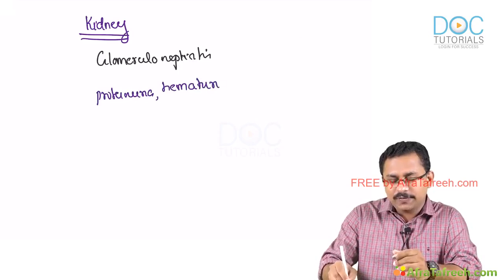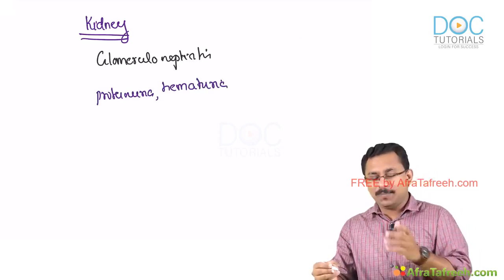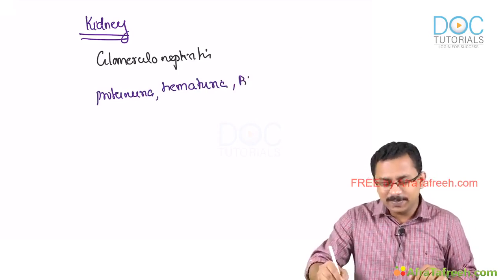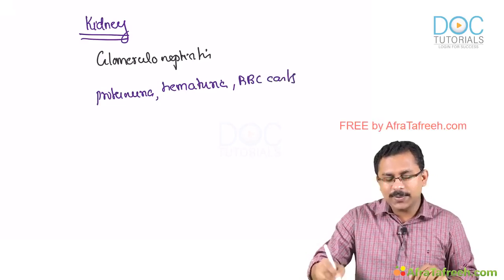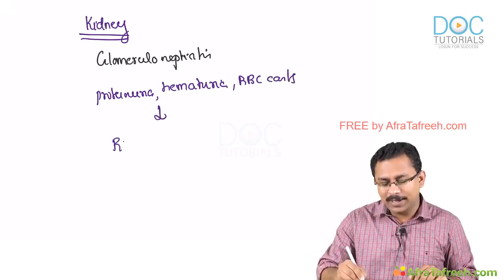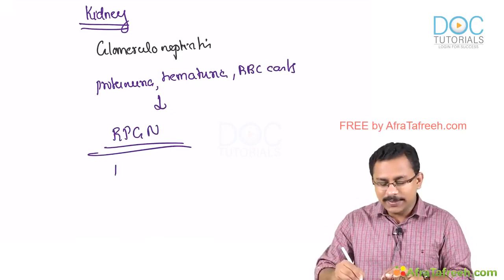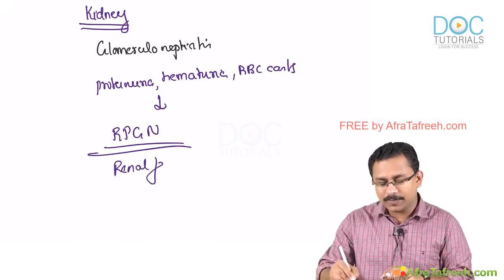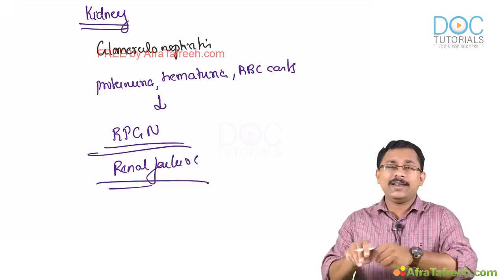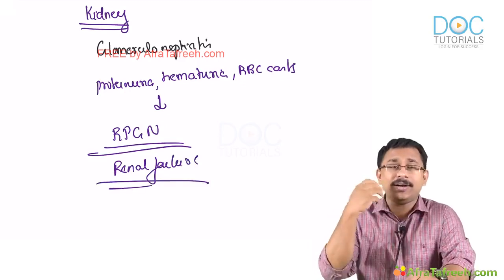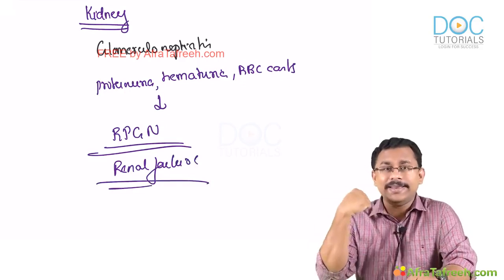On evaluation, you find the patient also has proteinuria, maybe some RBC casts. But subsequently, the patient can go on to a rapidly progressive glomerulonephritis, RPGN, and subsequently renal failure also. So renal involvement, if not attended to earlier, can result in renal failure.